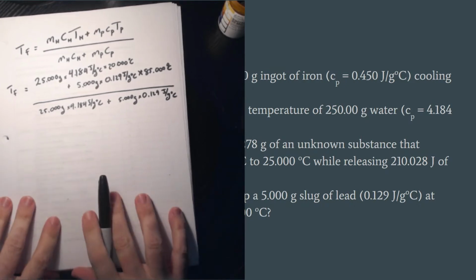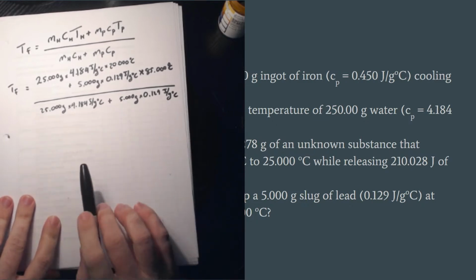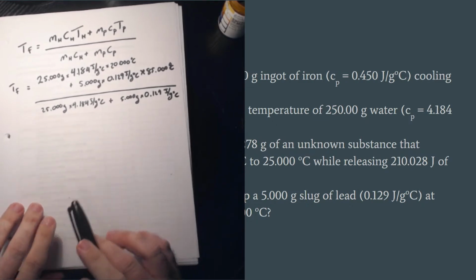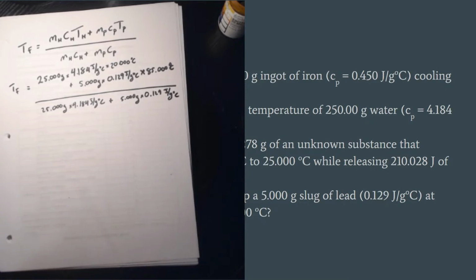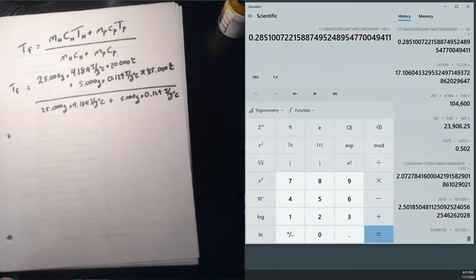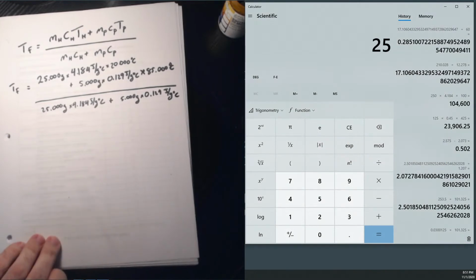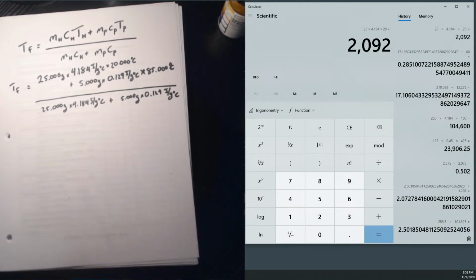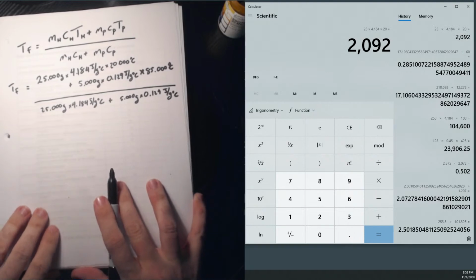So keeping track of sig figs is going to be a real pain with this, but I'm going to keep track of the significant figures on this one because I can. So let's bring up the calculator, and 25 times 4.184 times 20 is 2092.